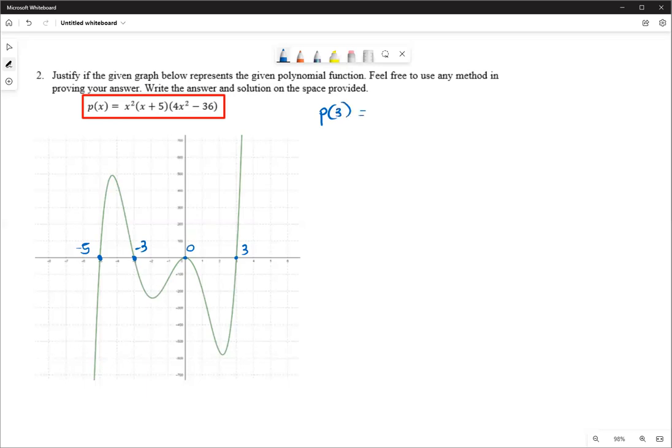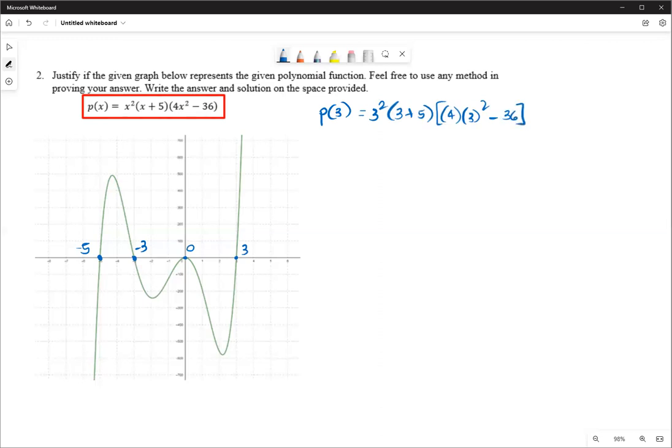This will become 3 squared times (3 plus 5) times (4 times 3 squared minus 36).